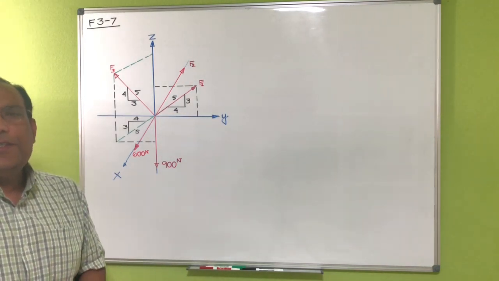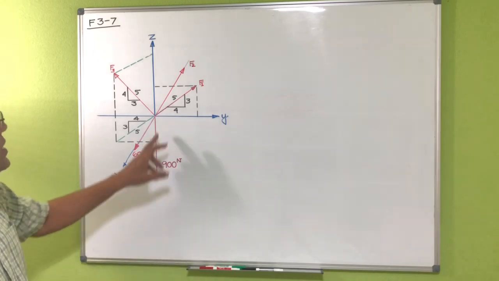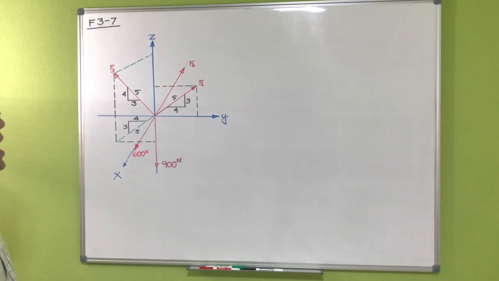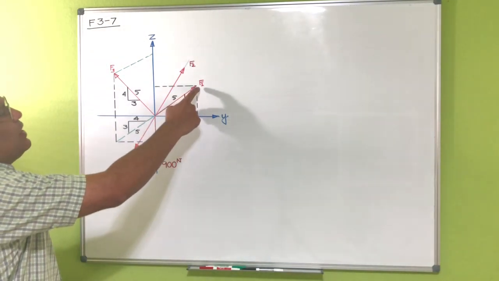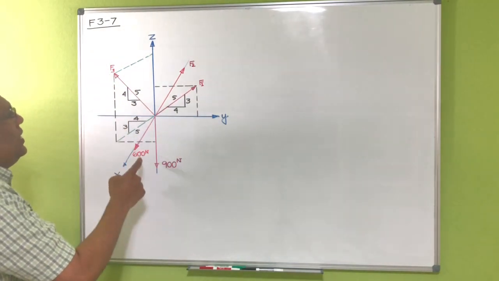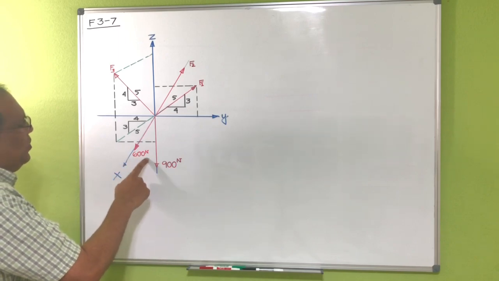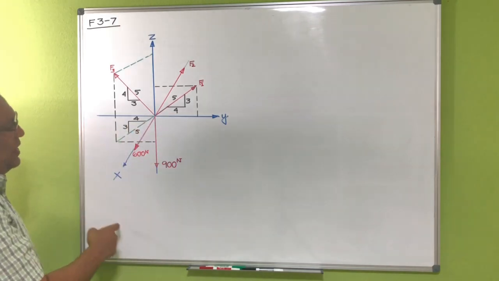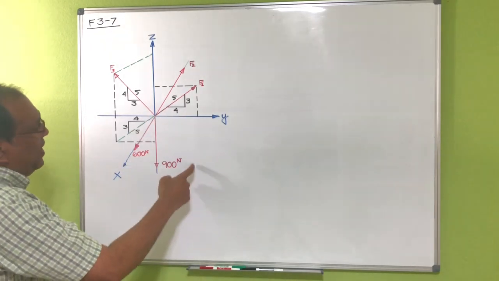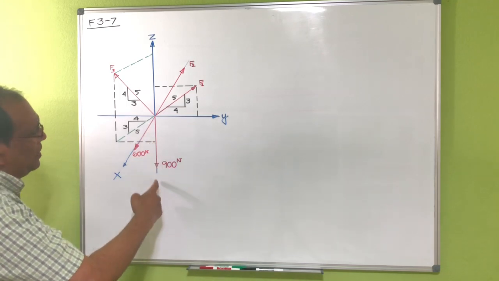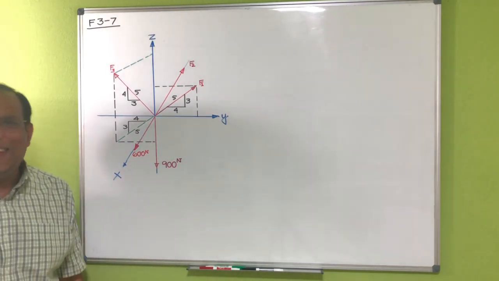Here is my y-axis, x-axis and z-axis. I have five forces here: F1, F2, F3, then one force which is 600 Newton along the positive x-axis, and 900 Newton, which is along the negative z direction.